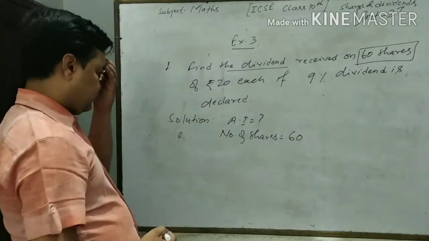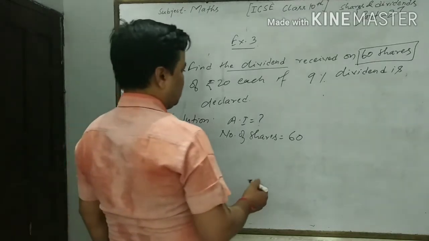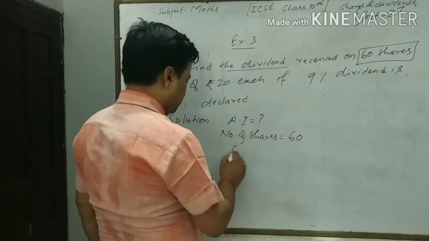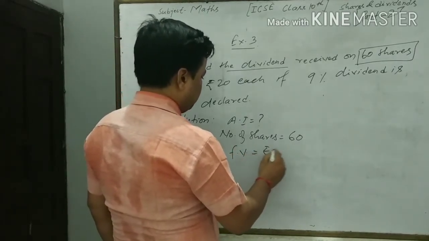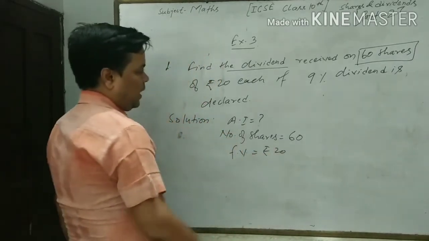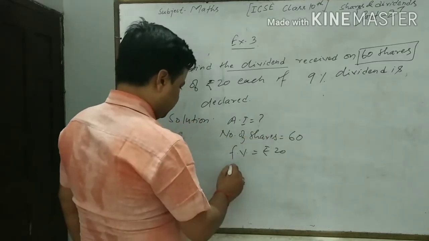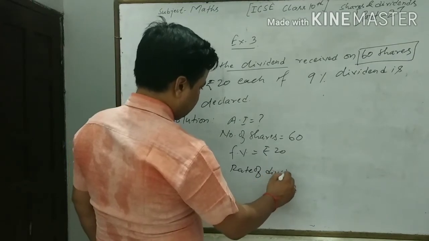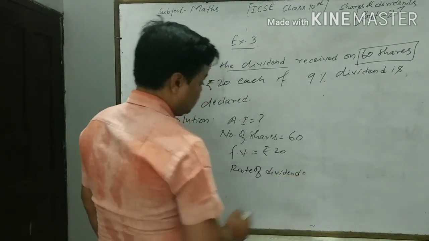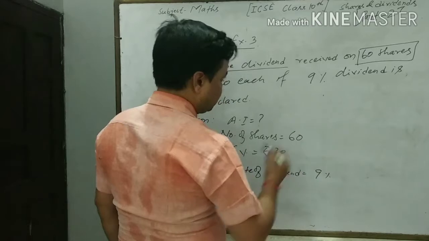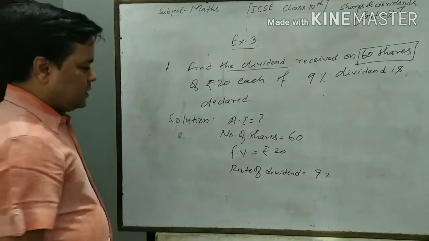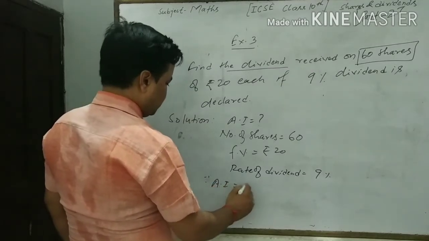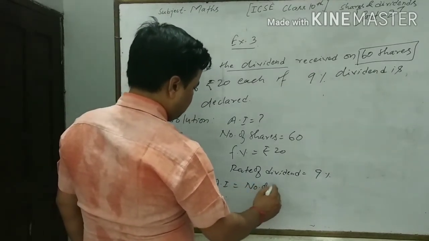Now, rupees 20 each means face value is equal to rupees 20. And here 9% dividend means rate of dividend is equal to 9%.